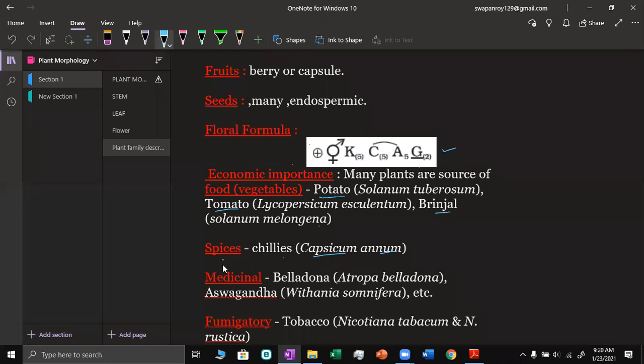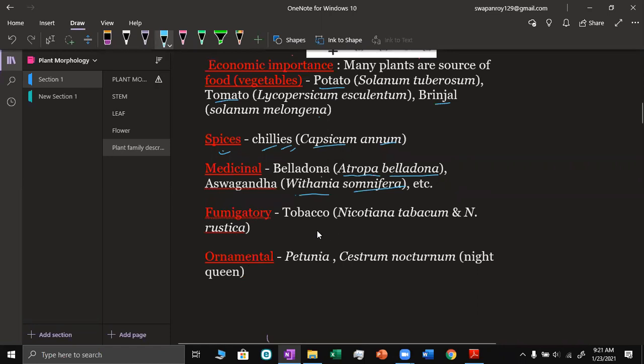Besides this, Capsicum is also used as a vegetable, like bell pepper and simla mirch, and they belong to this family. Medicinal plants are belladonna, botanical name Atropa belladonna, and ashwagandha, Withania somnifera.